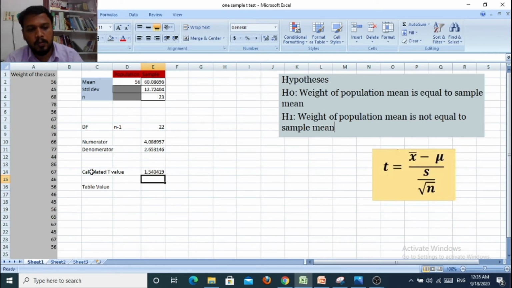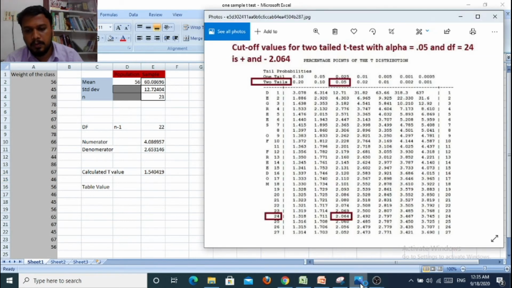Now you have to get the critical value, that is the table value. Probably you will be knowing the table. This table gives values with different alpha. We will be seeing the 0.05 level of significance on two tail. Our degrees of freedom is 22.